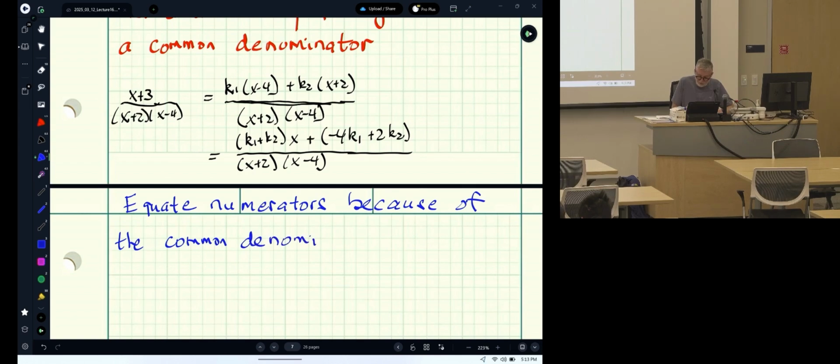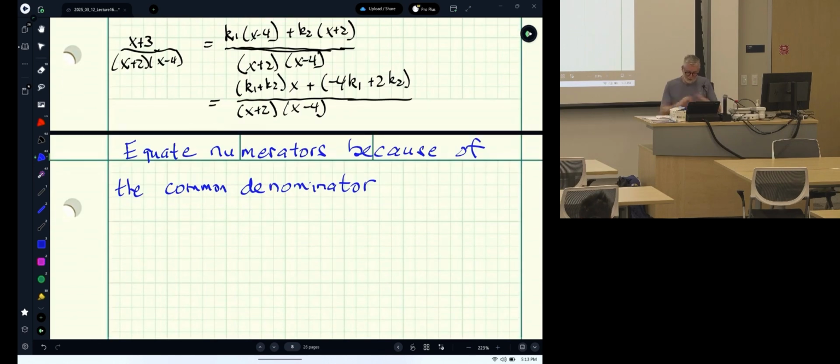Aren't we glad that our 9th grade teachers taught us how to put fractions and everything over common denominators? And they use the term common denominator, so there's no surprise here. Everything has been preordained that this has to work out. Okay? So we have that x plus 3 equals K1 plus K2 times x plus minus 4K1 plus 2 times K2.